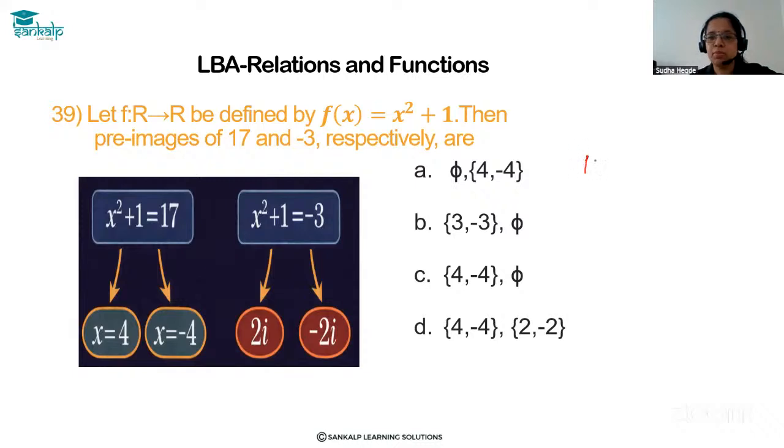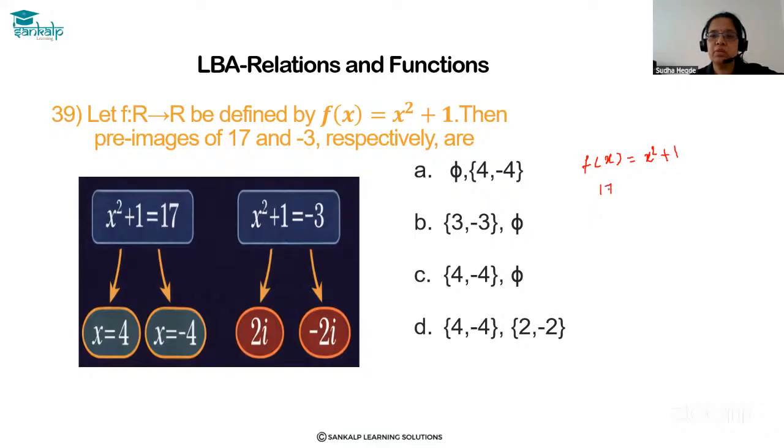F is from R to R. F of x is equal to x square plus 1. So you need to find pre-image of the image 17 and minus 3.